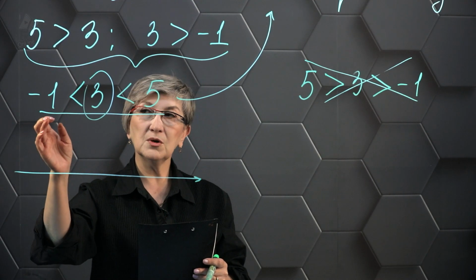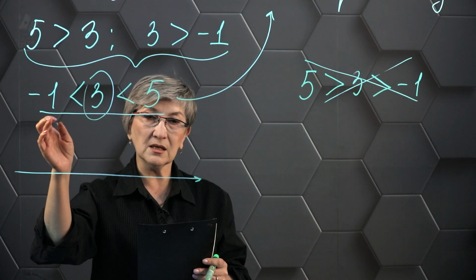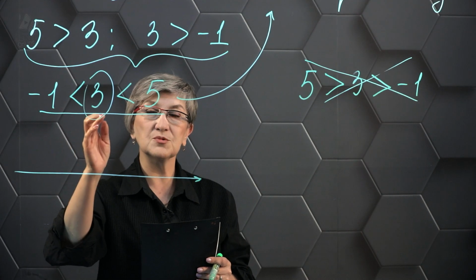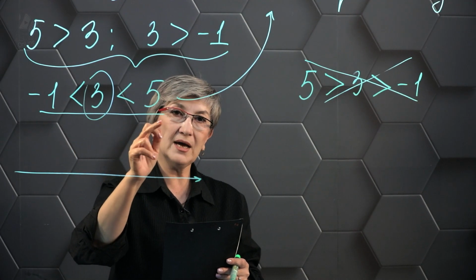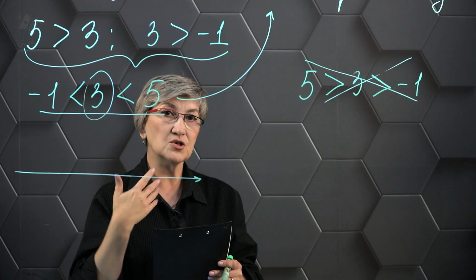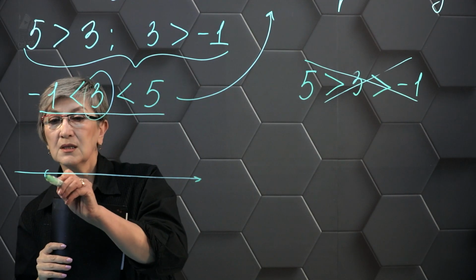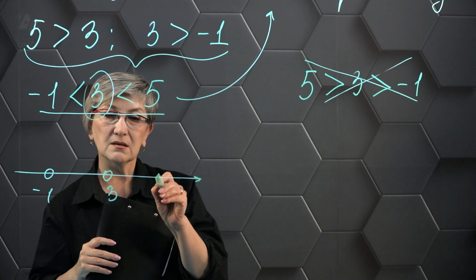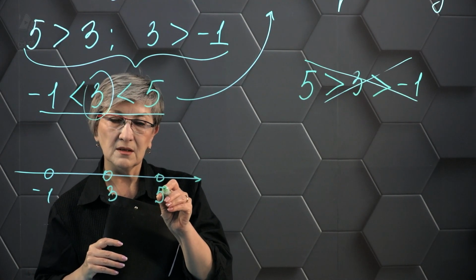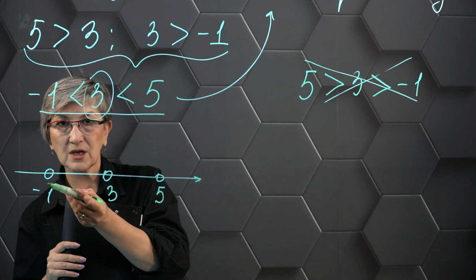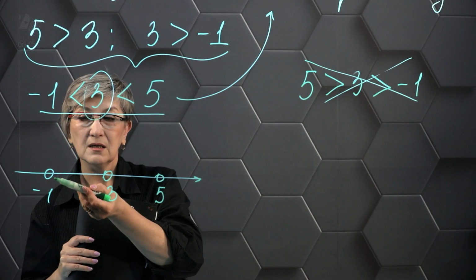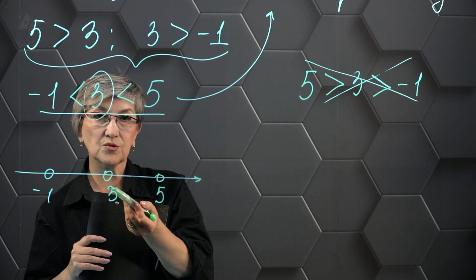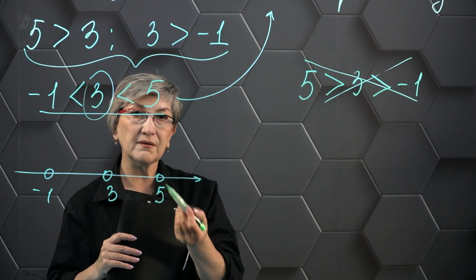Therefore, I state that the number -1 is positioned to the left of the number 3, and the number 5 is located to the right of the number 3. Thus, on the number line -1, 3, and 5, I can see that the number -1 is actually to the left of the number 3, while the number 5 is to the right.